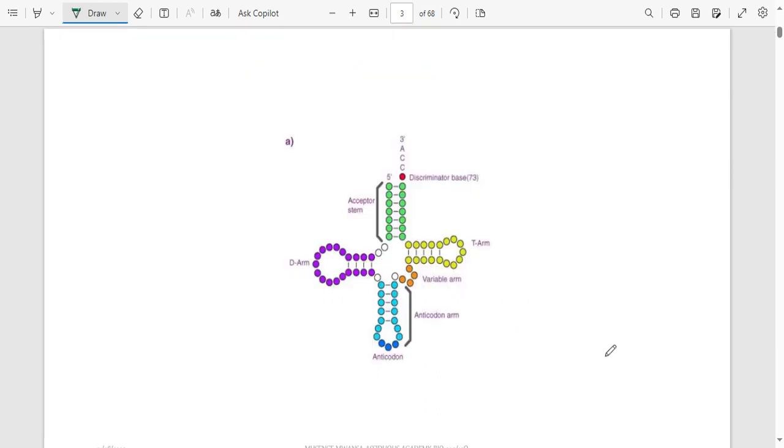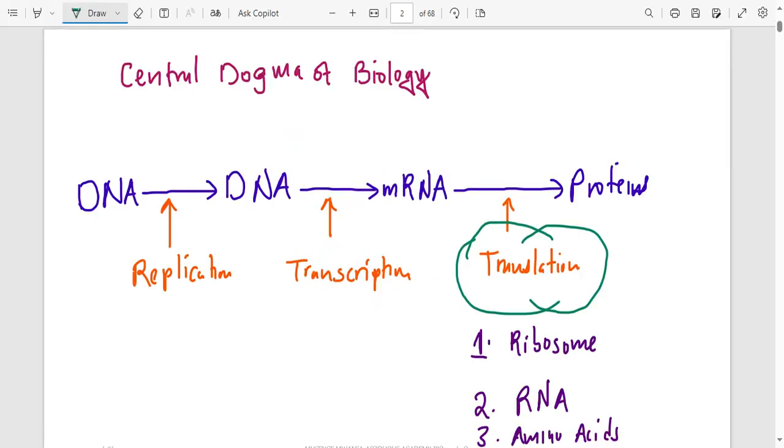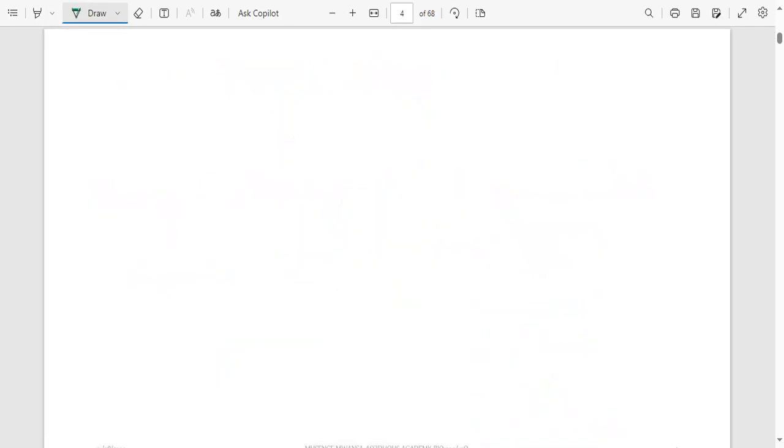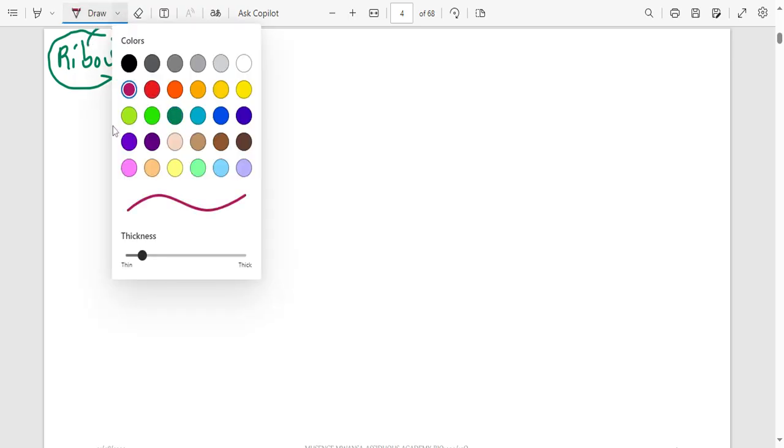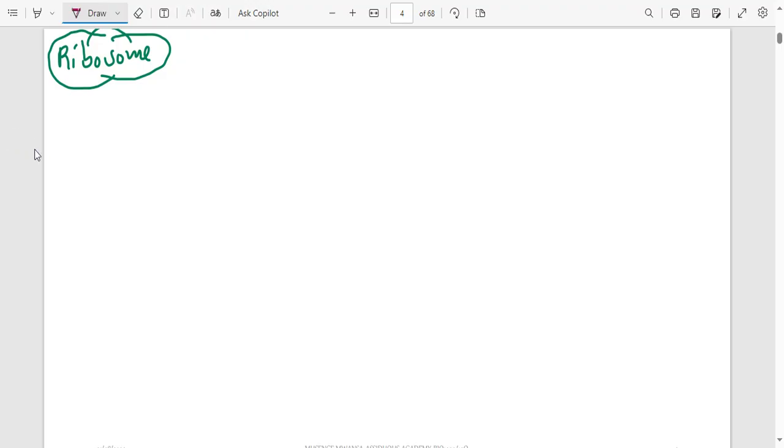Let's start with the ribosome. Now you know that a ribosome has got different parts depending on the cell that we are talking about. So a ribosome is basically an organelle.